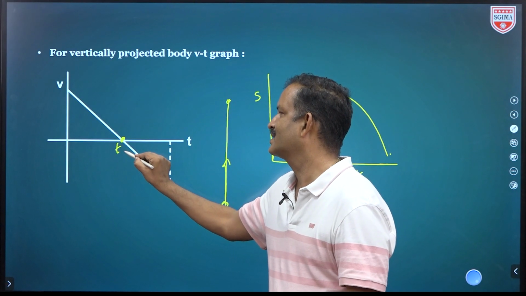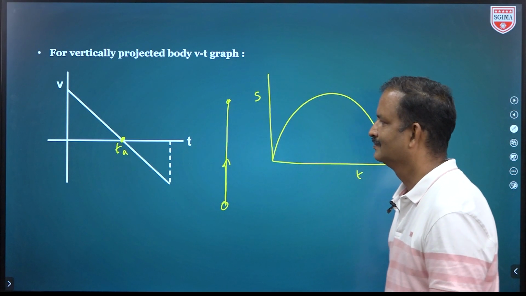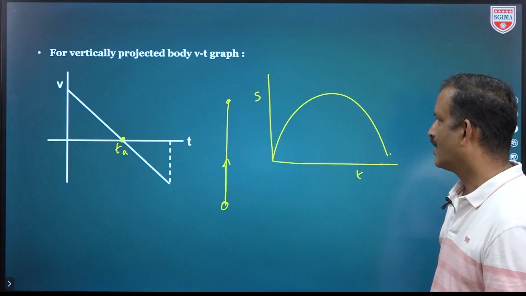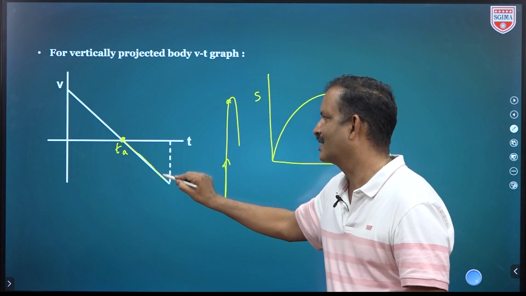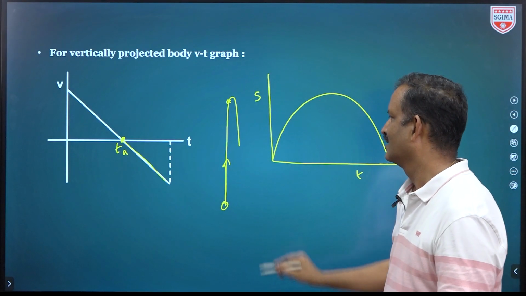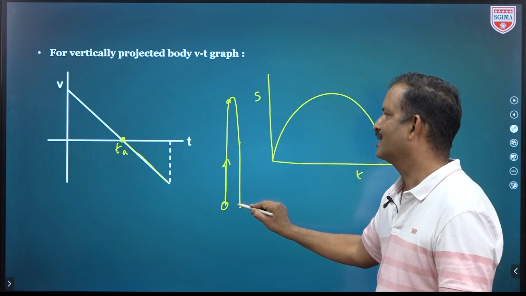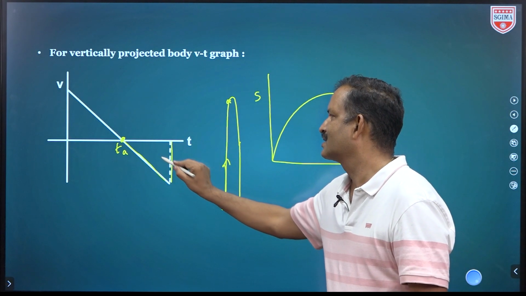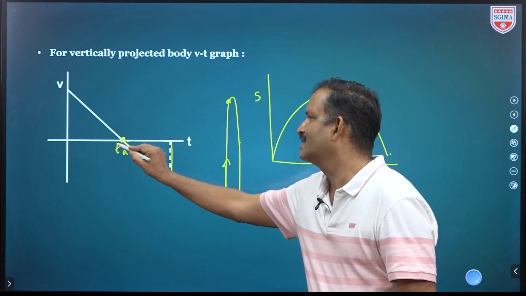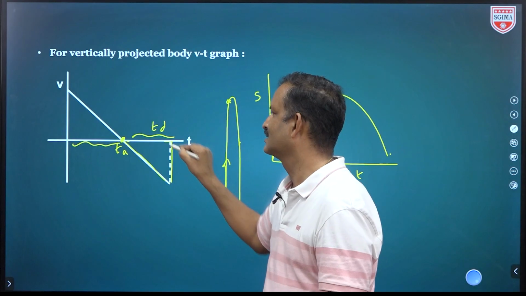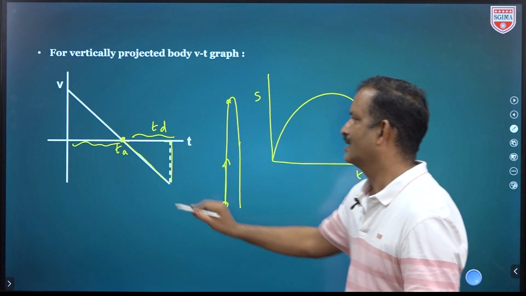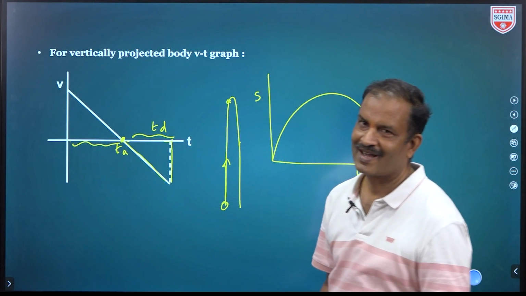This is the time of ascent. After that it returns back with negative velocity and reaches this point. This is the time of descent. From this one to this one is the total time of flight.